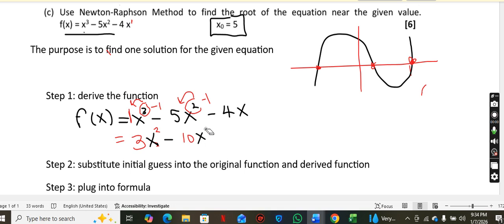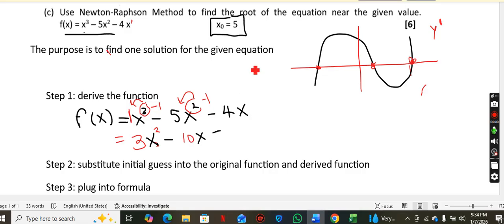Okay, if you see a letter by itself, remember that letter is raised to the power 1. So if you see in an equation where you have a y, just remember it's y to the power 1. Then we derive 4x. So this x, the power is 1, even though it's not written there.